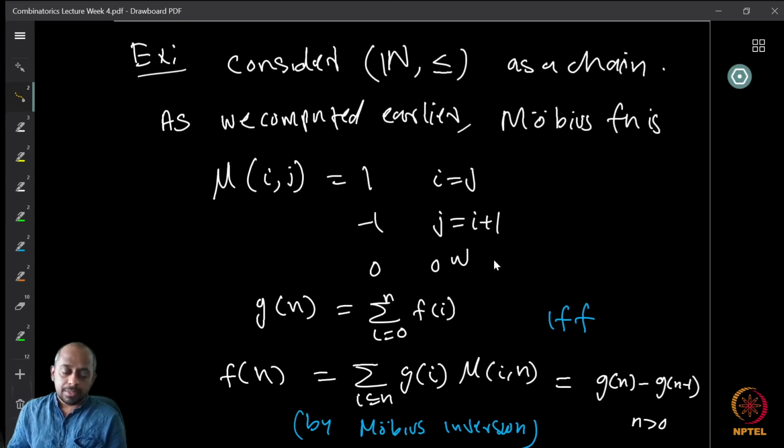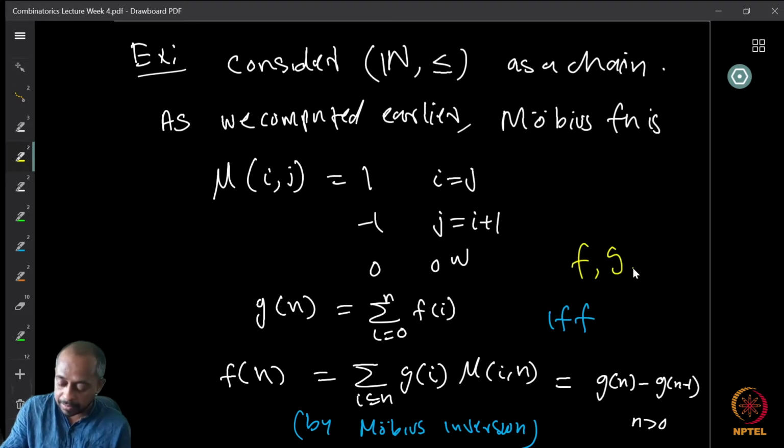Once you have the Mobius function, let us take two functions, g and f. Whenever we look at functions, they must be from the poset to real numbers or complex numbers, something like that.